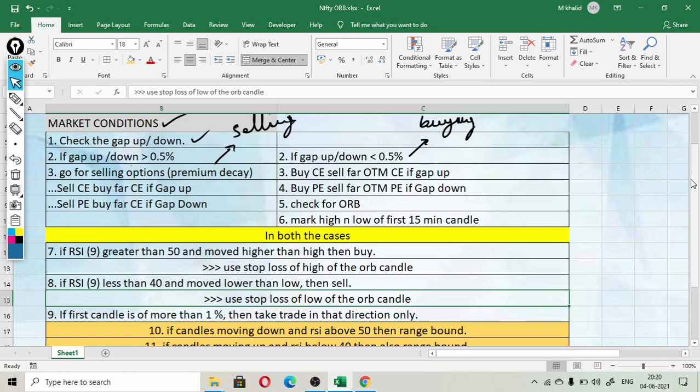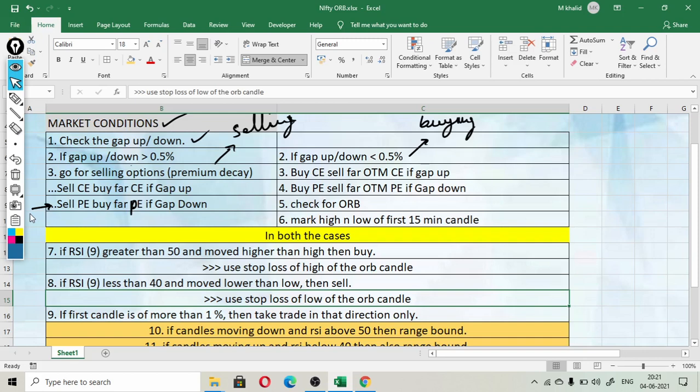This is known as a bull call spread. In the same manner, if it has opened gap down by more than 0.5%, then you sell one put option and buy another put option. Sorry, this is not a call, this is also a put option.